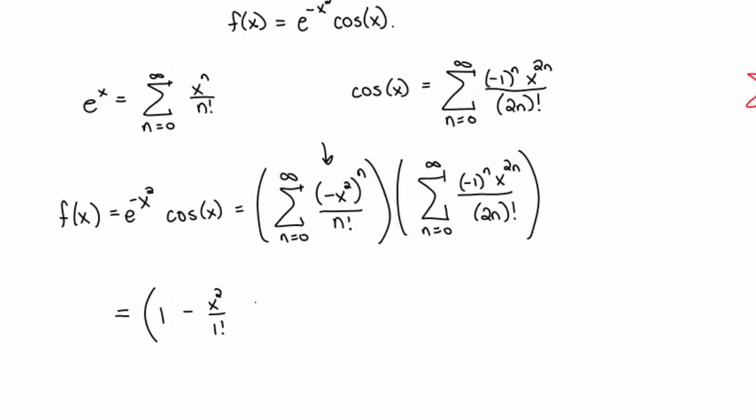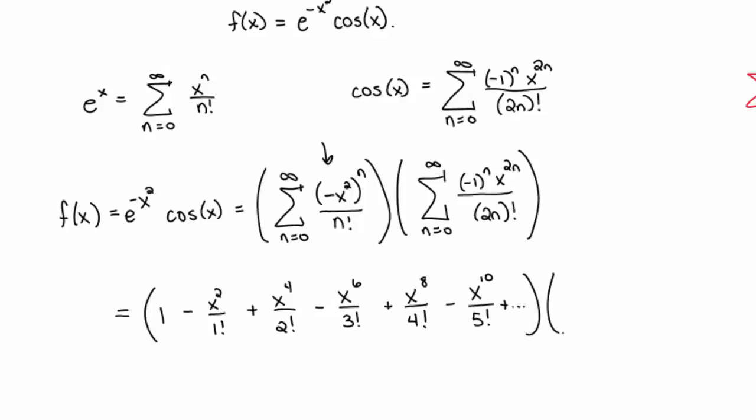When n is equal to 2, I get a positive x to the 4th over 2 factorial. And a negative x to the 6th over 3 factorial, you can see the pattern already. And a positive x to the 8th over 4 factorial. I might just write one more, x to the 10th over 5 factorial.